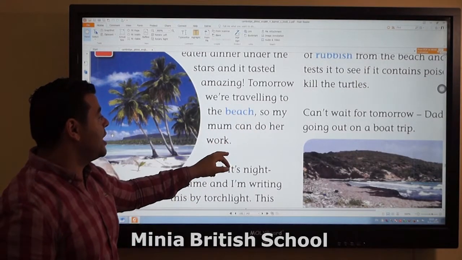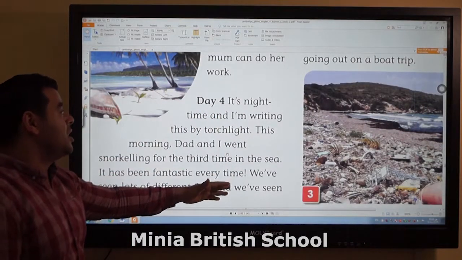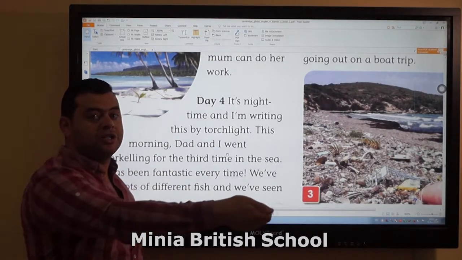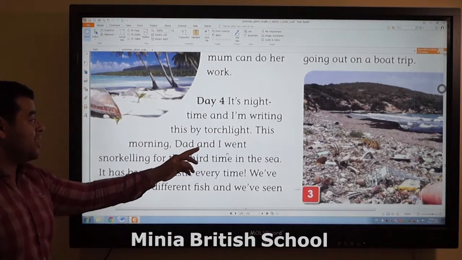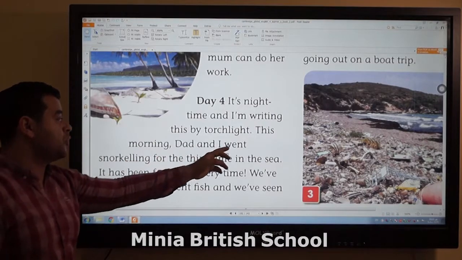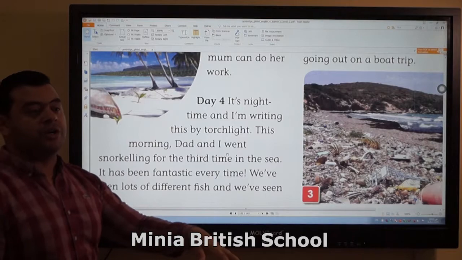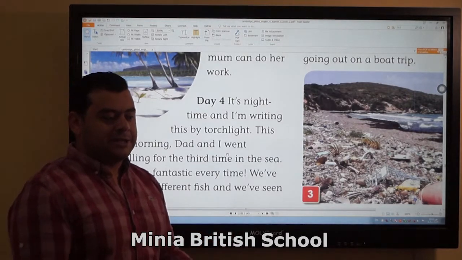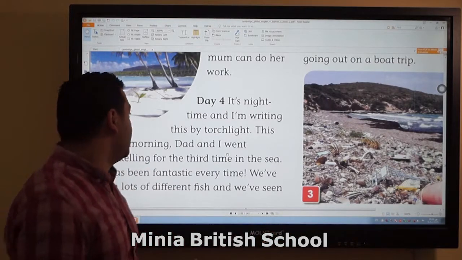So my mom can do her work. Therefore, it's night time, and I'm writing this by torch light. This morning, Dad and I went snorkeling. Highlight this one: go snorkeling means to swim under the water, usually to enjoy looking at coral reefs, coral fish, and so on.